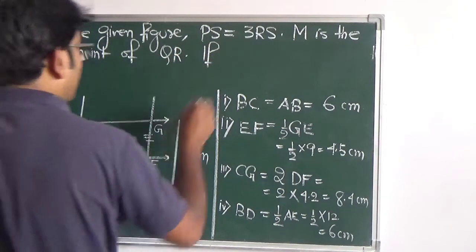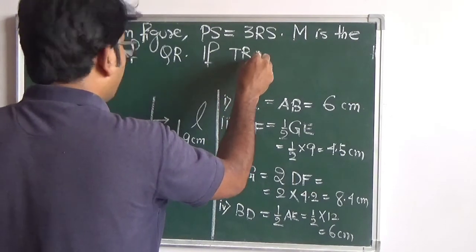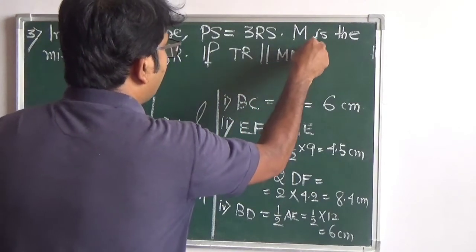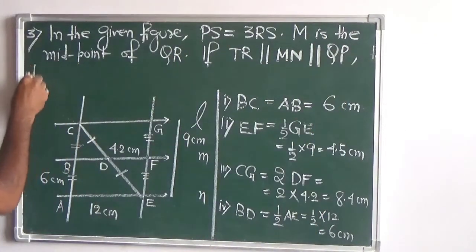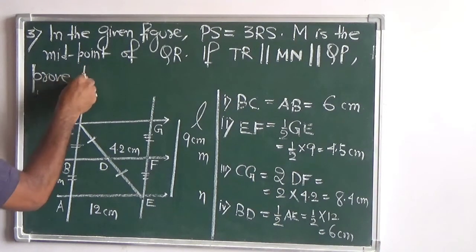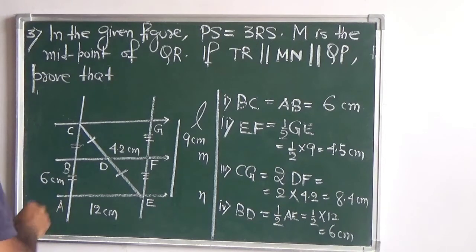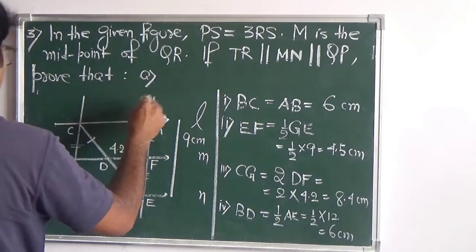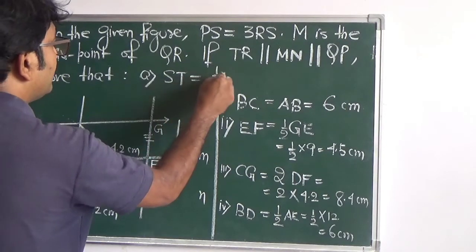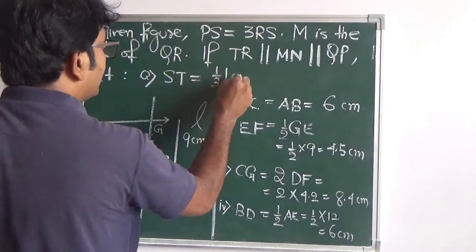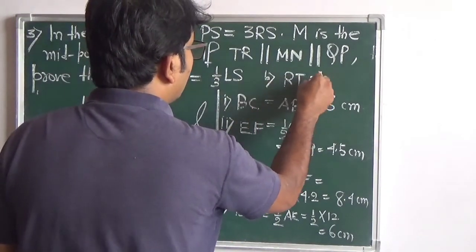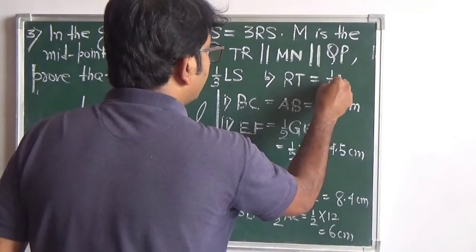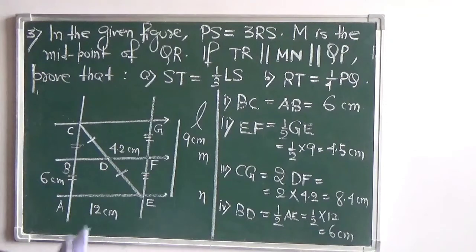If TR is parallel to MN and MN is parallel to QP, prove that part A: ST equals 1 by 3 LS, and part B: RT is 1 by 4 PQ. So this is question number 3. Now let us see how we can solve this.